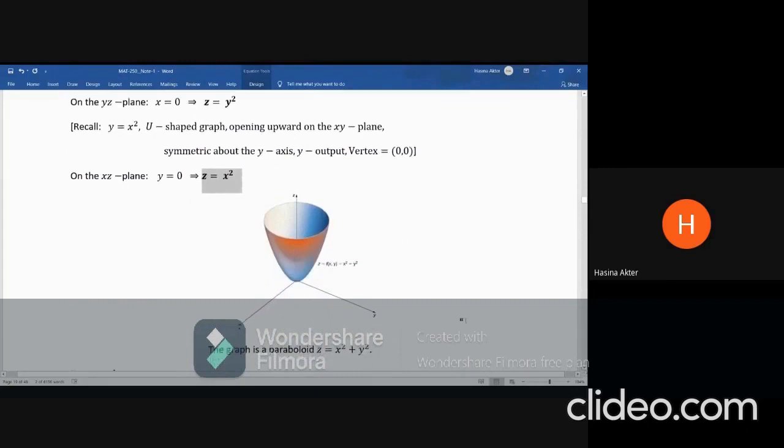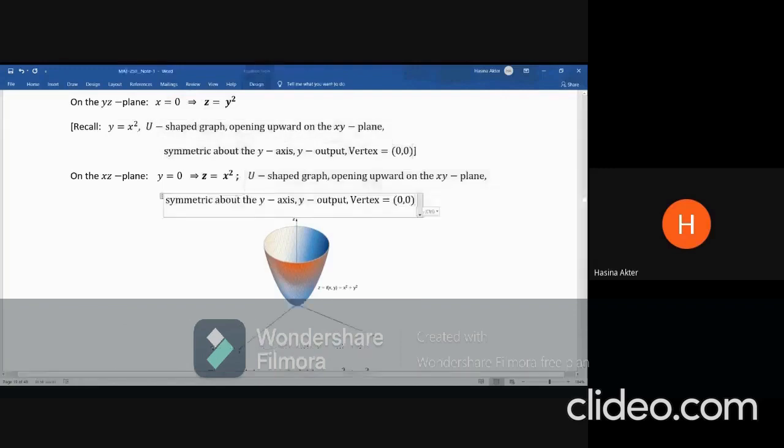So if you revolve now, since the graph is symmetric with respect to the z axis, it's a U-shaped graph, symmetric with respect to the z axis. Let me write it down. I will just copy it, okay? So it's a U-shaped graph.